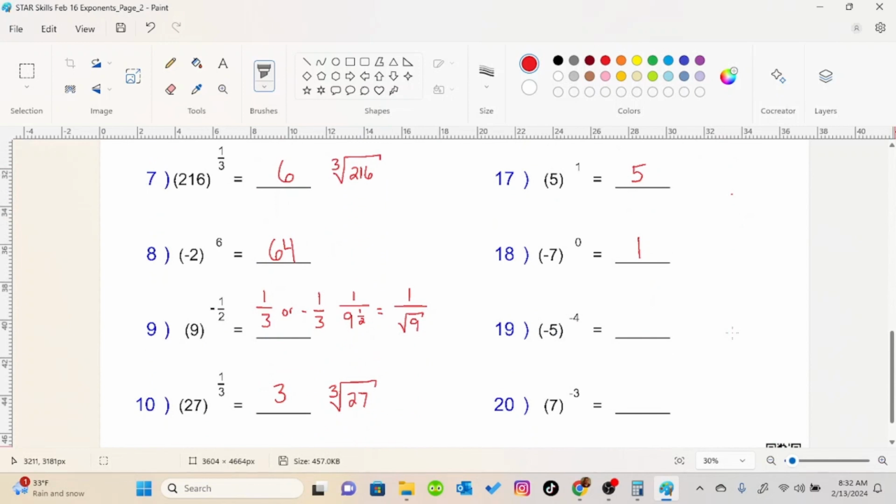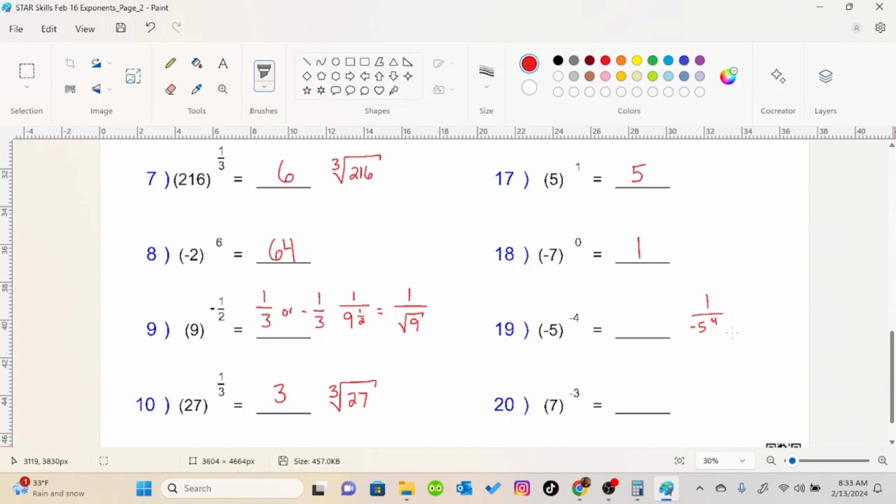Number 19. We have negative 5 to the power of negative 4. A negative exponent means 1 over. A negative number taken to an even power results in a positive number.